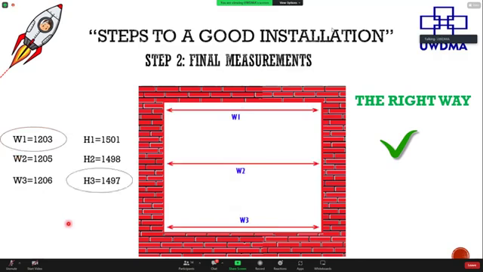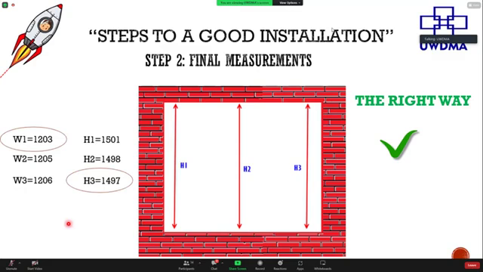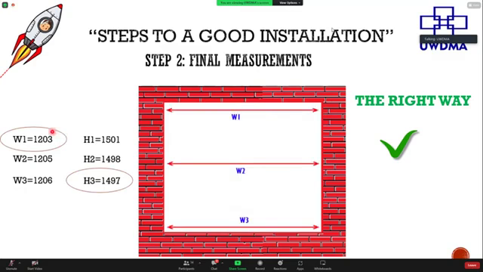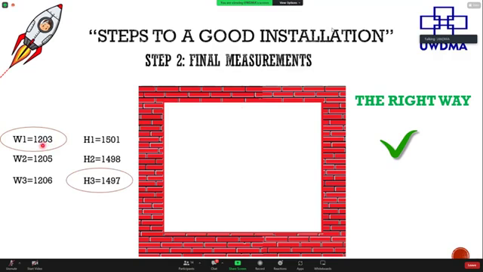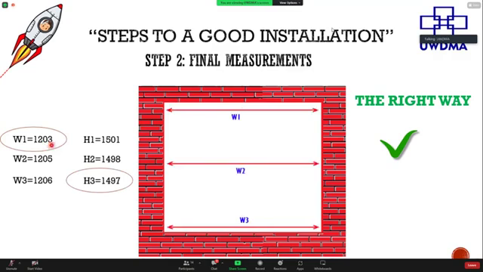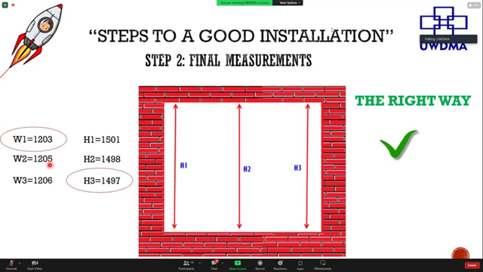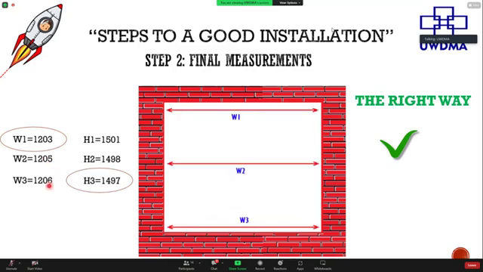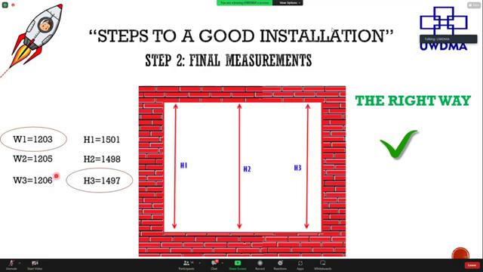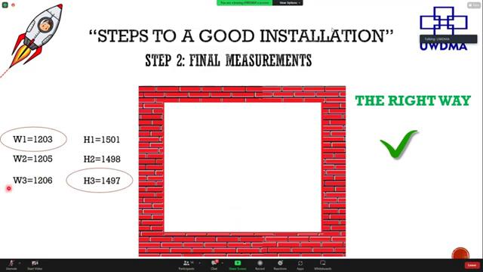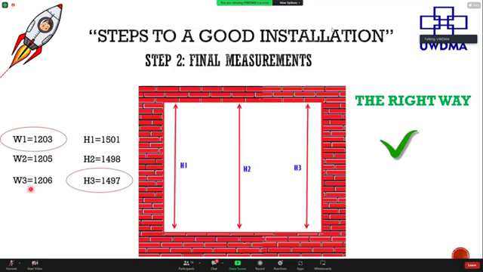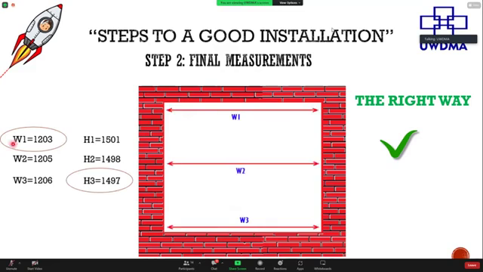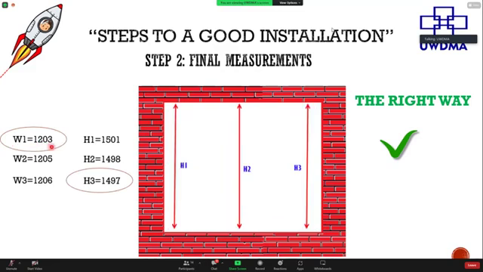So for this, we are going to consider 1203 as the minimum of the widths and 1497 as the minimum of the heights, because a window of 1203 width can fit in 1205 also and 1206 also. But if you consider the highest one, 1206 width, can we fit a window of 1206 width where the width is just 1203?